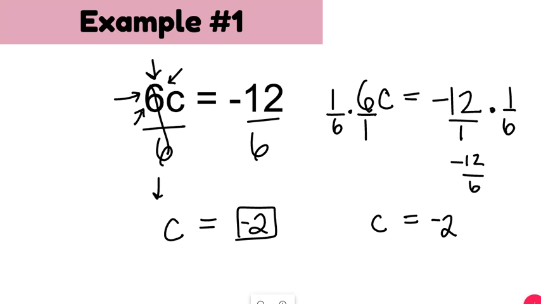Now, this is where you have to make a little bit of a decision, because in these type of equations, you can either have 3 different methods or 1 method. If you choose to think about solving your equation by using reciprocals, you will have 1 method to remember.